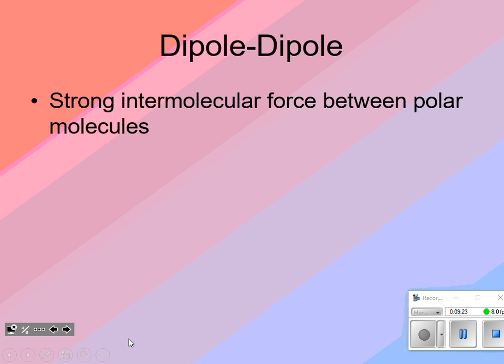Notice my first definition of dipole-dipole, or just dipole interactions: it's between polar molecules. And this goes right back to the very last thing you wrote down. The bond type determines the intermolecular force.